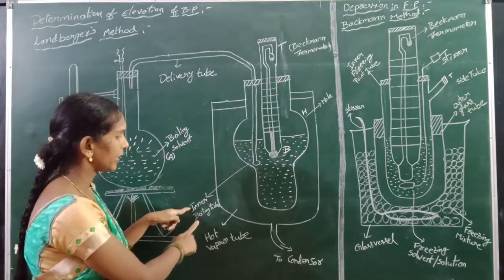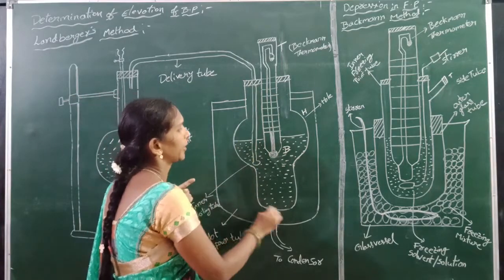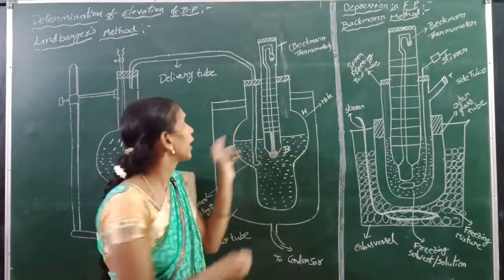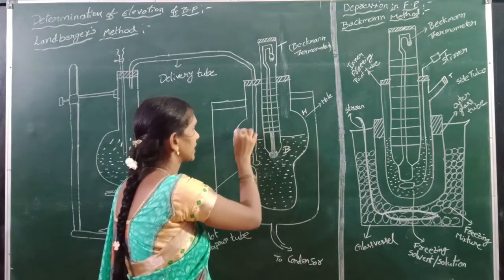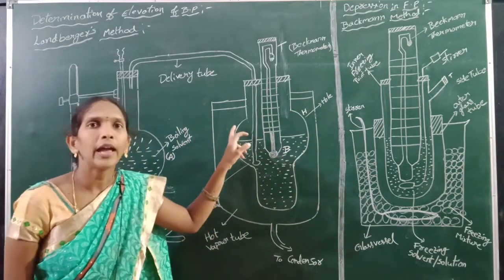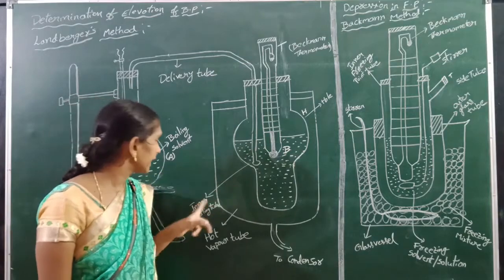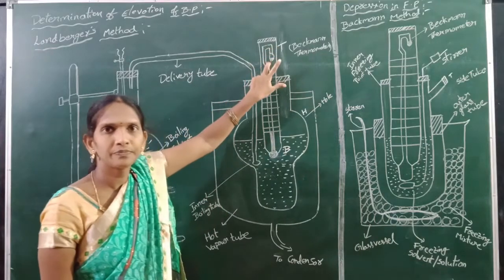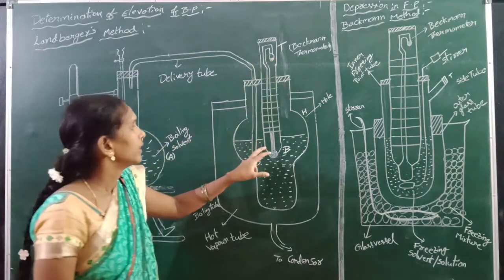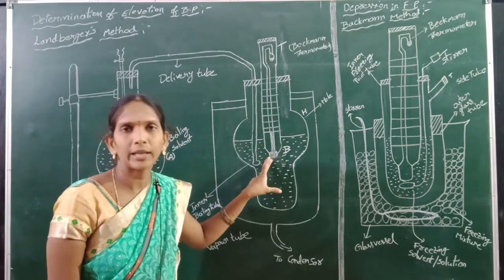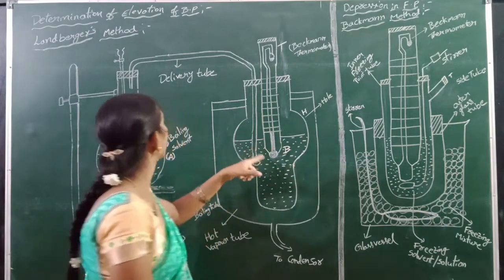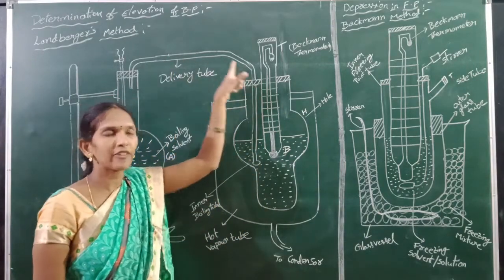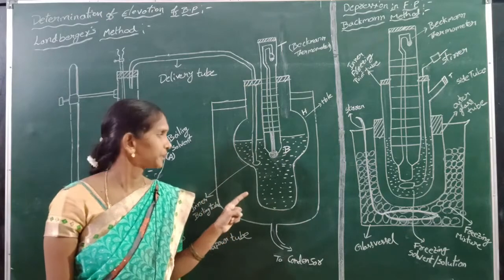This inner boiling tube has a hole H, and it is fitted with a Beckmann thermometer. It has a bulb at the bottom, that is B, and it has a delivery tube at this side.